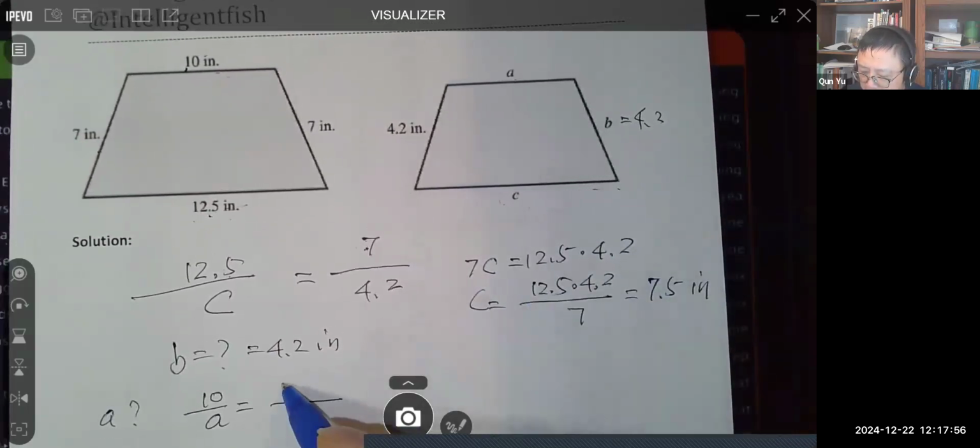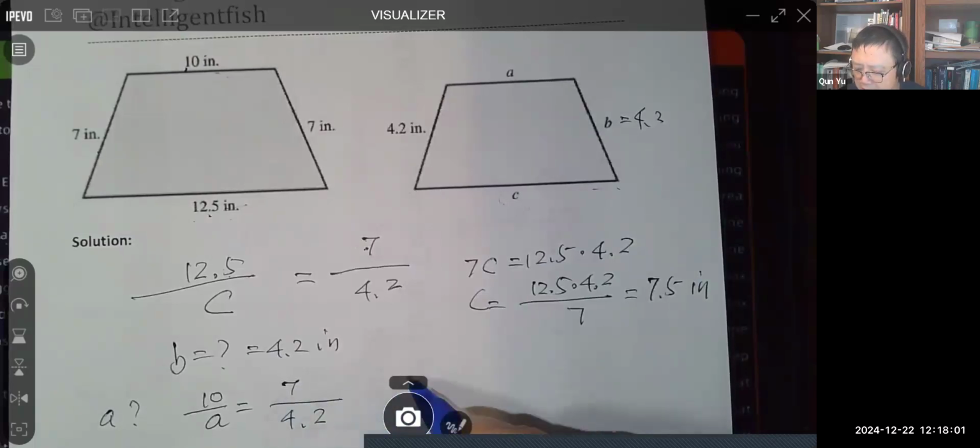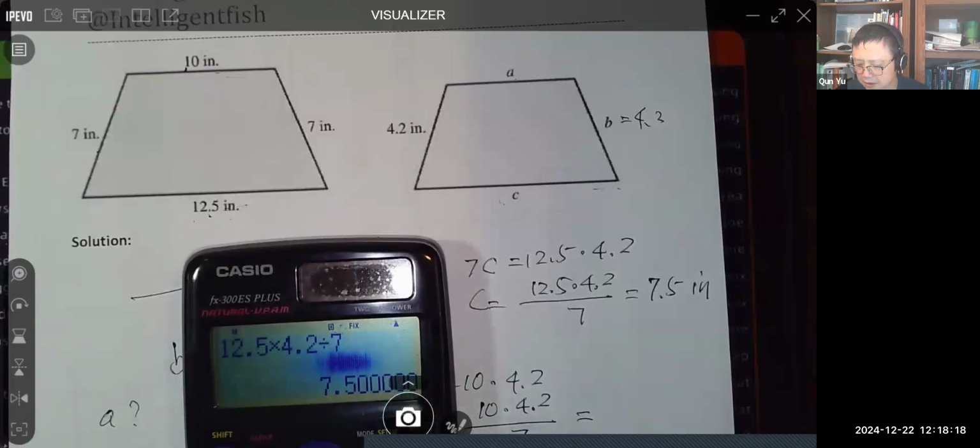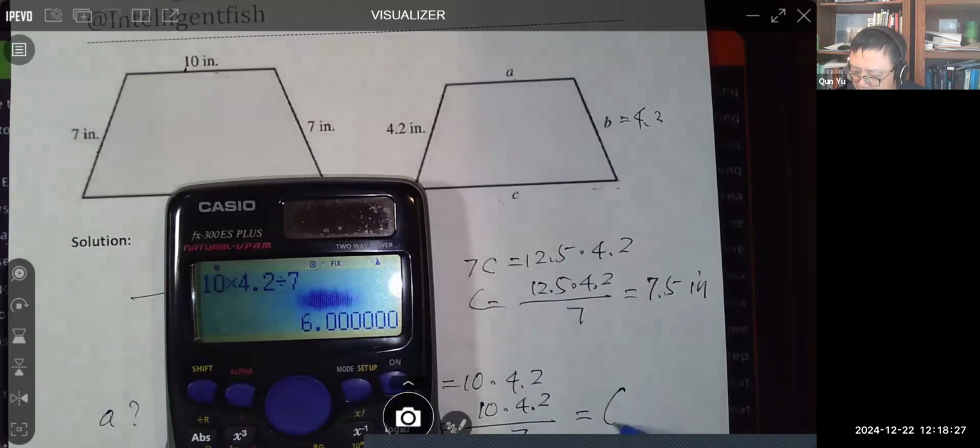So let's use 7 over 4.2 again. So cross multiplication, 7a equals 10 times 4.2. This is 42. 42 divided by 7 is 6. But let's use a calculator to be on the safe side. 10 times 4.2 divided by 7 equals 6. 6 inches.